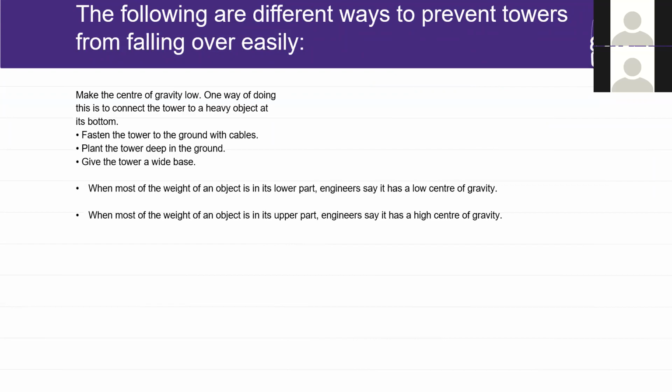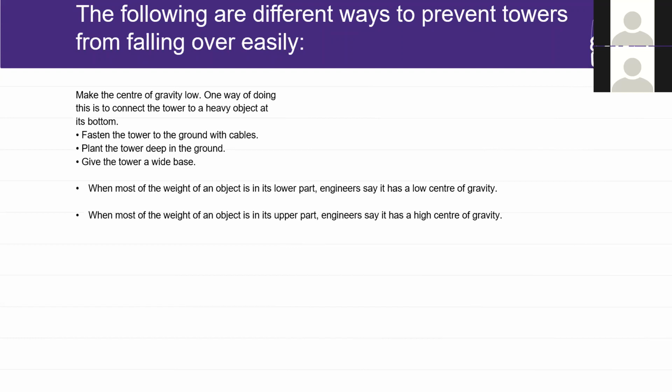So when we want to make our structures stable on the ground, we must give them a low center of gravity. When structures have a low center of gravity, they are firm, they will not collapse or fall easily. Low center of gravity. That is one way of making your structures stable.